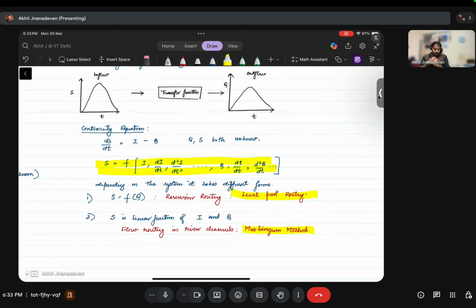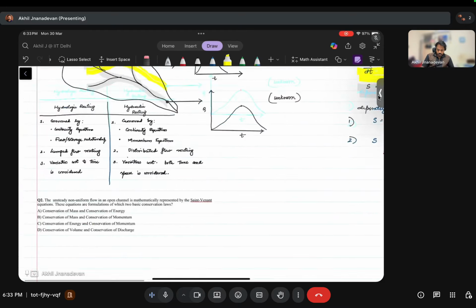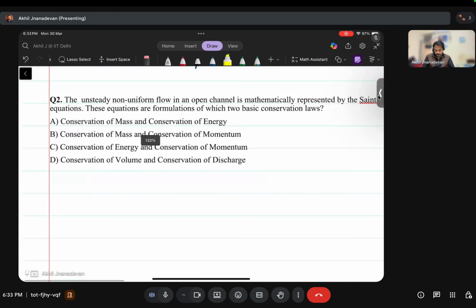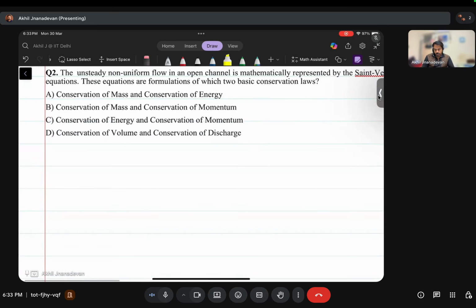The difference is that in reservoir routing, storage is a function of Q alone, that is the outflow alone, and in the Muskingum method, storage is a linear function of inflow and outflow. That should be clear.